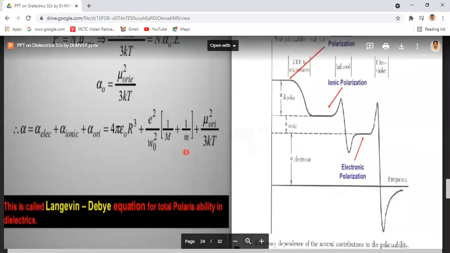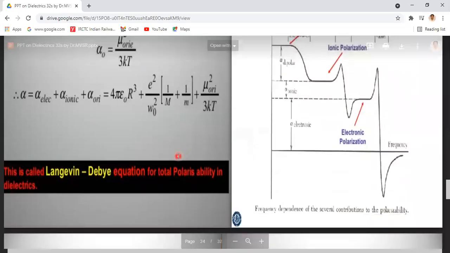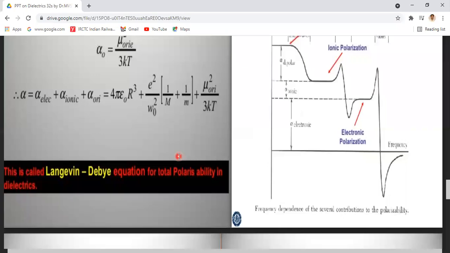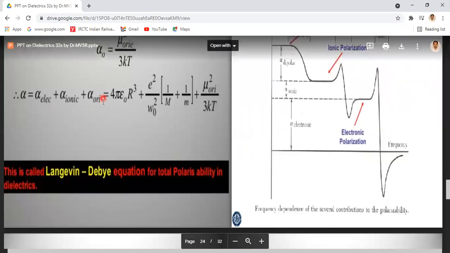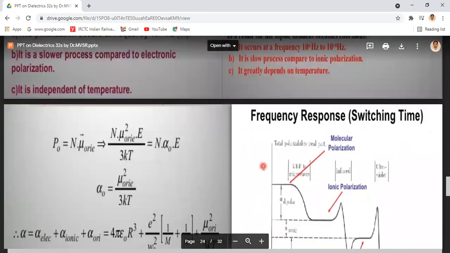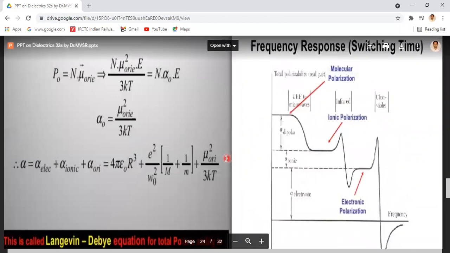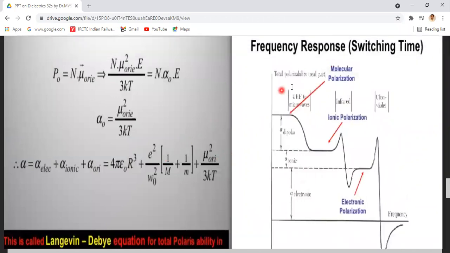Up to here, we have completed the different types of polarization, that is electronic, ionic, and orientational polarization, the values of electronic, ionic, and orientational polarizability, and the graph of frequency versus total polarizability. Up to this one it is enough because we have no time. In our next class we will start the remaining.